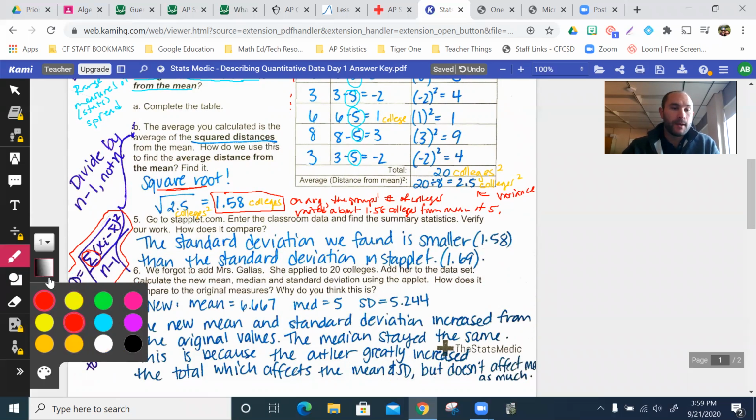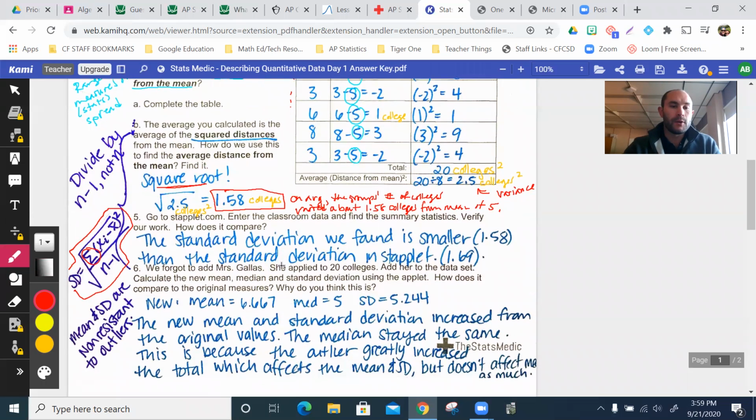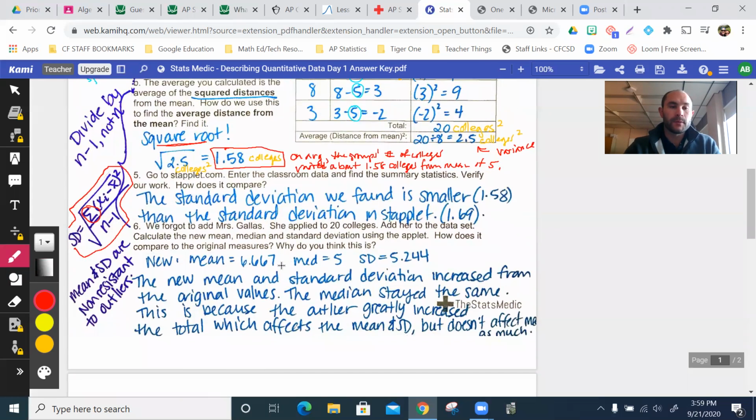So we're going to typically use this, but it depends on the context. If we're talking about a population, we're going to be dividing by 8. If we're talking about a sample, we'll divide by 7. And we'll learn more about that later on in the year. There's some theory to that, but it's not as important in the moment to know the subtle difference between the two.